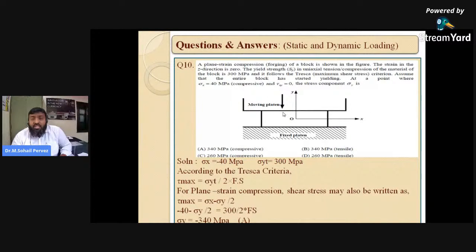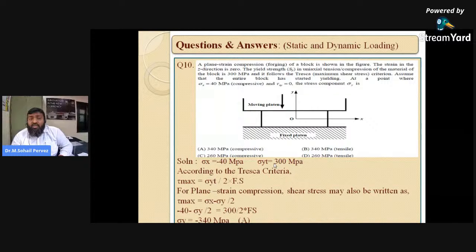Along x and y, the yield strength Sy in uniaxial tension compression of the material of the block is 300 megapascal. We write this yield strength as sigma yt. It demands that we use Tresca, that is maximum shear stress theory, to solve this problem. Now assume that the entire block has started yielding. Obviously it will start because it's ductile material having some yield stress.